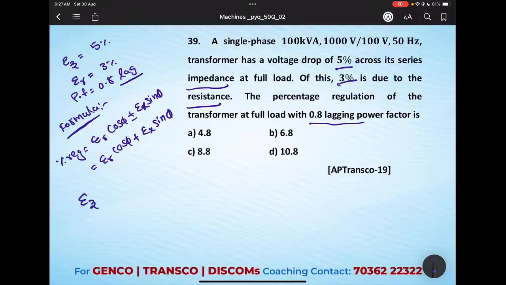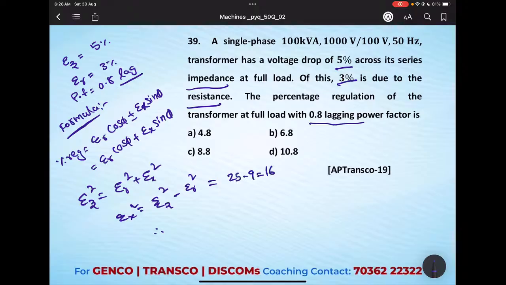We know that EZ square equals ER square plus EX square. So EX square equals EZ square minus ER square. How much will it come? 25 minus 9 equals 16. Therefore, EX is equal to 4. Let's substitute the given data in equation 1.